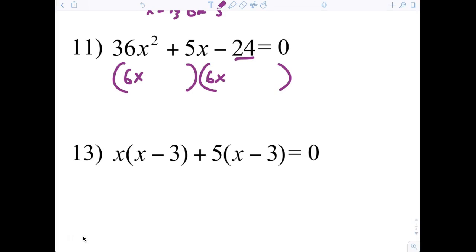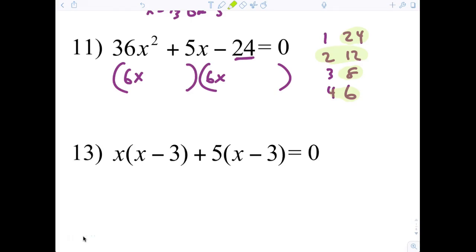Regardless of the factors, for example, 1 and 24, 2 and 12, 3 and 8, 4 and 6, is there any place to put 2 and 12? No. Is there any place to put the 8? No. Is there anywhere to put the 4 or the 6? No. Is there any place to put the 24? No. So right off the bat, I know it's not 6 and 6.